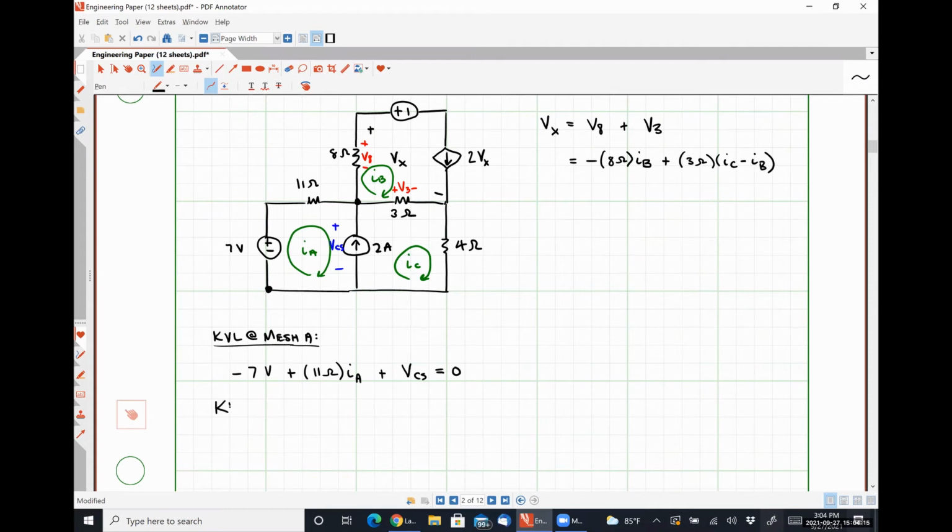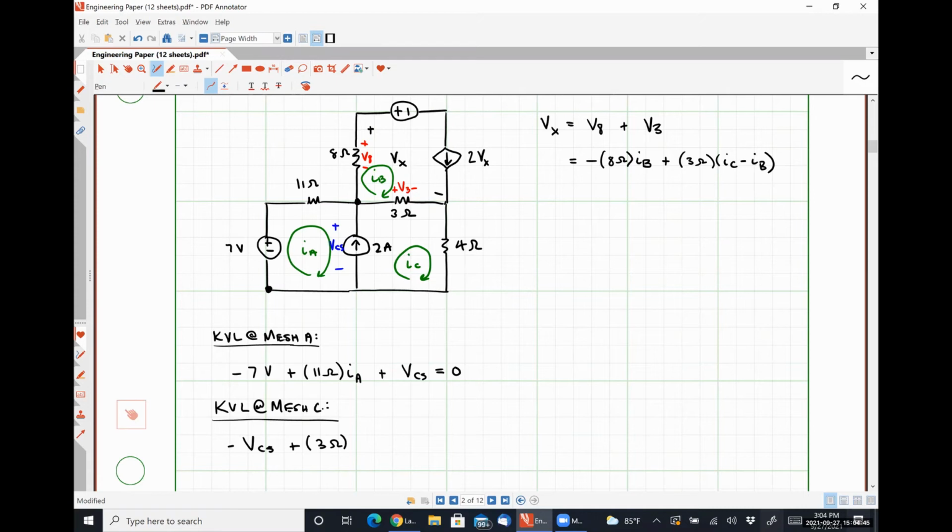And when I write my KVL equation for mesh B, I would now see the negative polarity terminal. So I'd have negative VCS plus, actually I'm doing mesh C, thank you, I'm sorry.